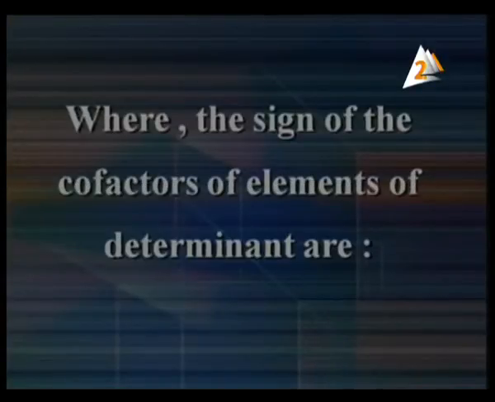Remember, dear student, the signs of the cofactors of the elements of the determinant are positive, negative, positive, negative, positive, negative, positive, negative, positive, both by using the columns and by using the rows. Start from positive and end at positive.